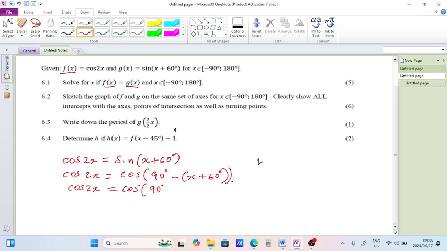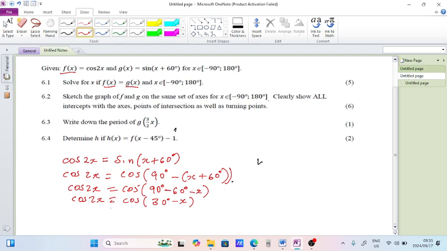So it will be 90 degrees minus 60 degrees minus x. Now so that we can work out the like terms, cos of 2x equals the cos of, now what do you get here? 30 degrees minus x.